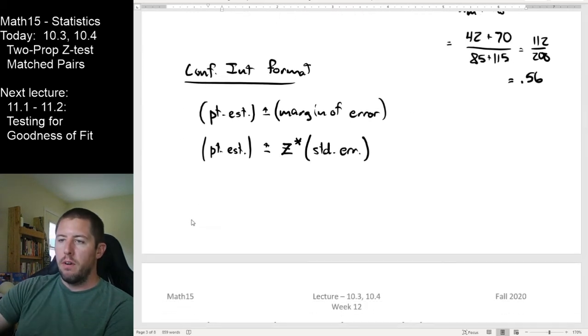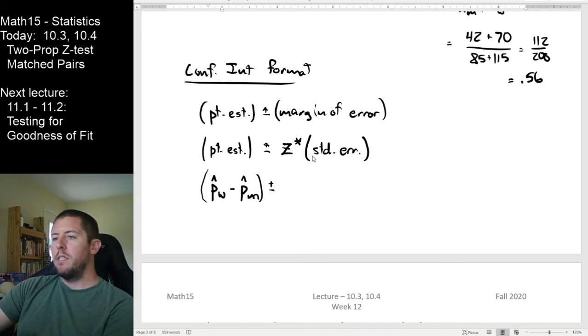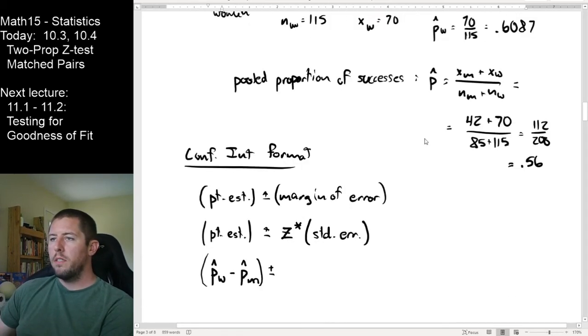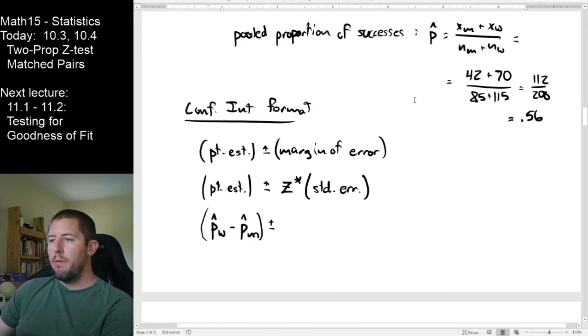So I'm going to form this point estimate as the proportion of women in our sample minus the proportion of men in our sample that voted, plus or minus, and I'll wrap this up in parentheses here. We're going to need to figure out our z star associated with this. We wanted to form a 90% confidence interval.